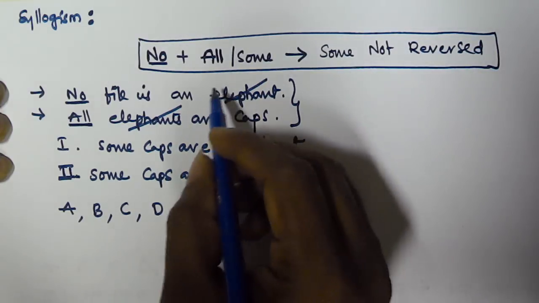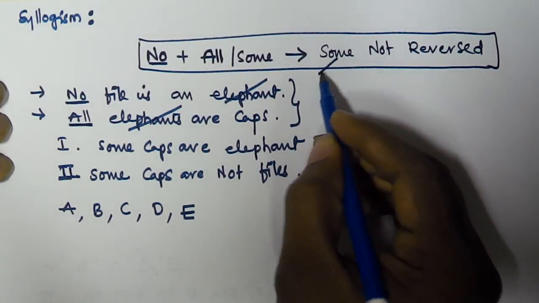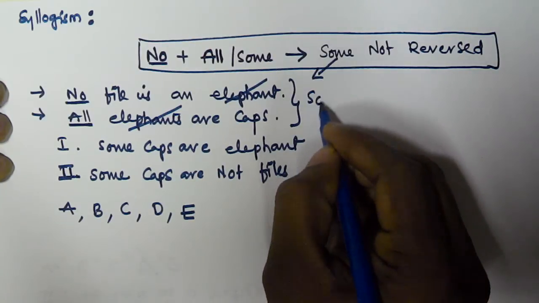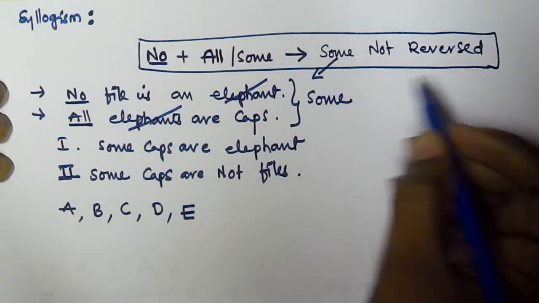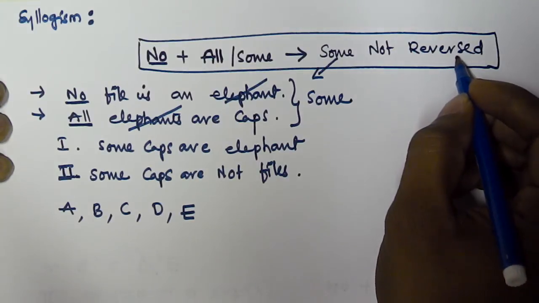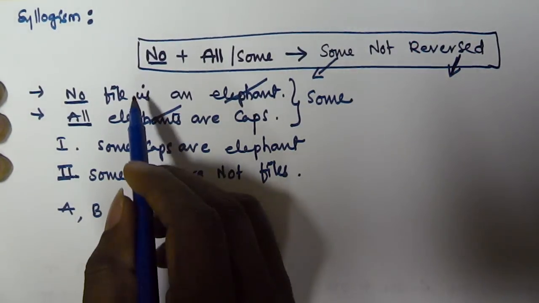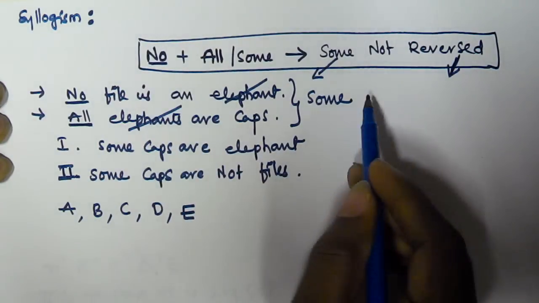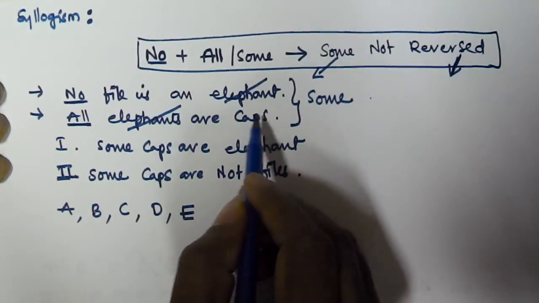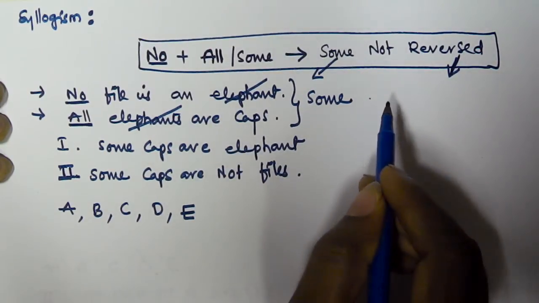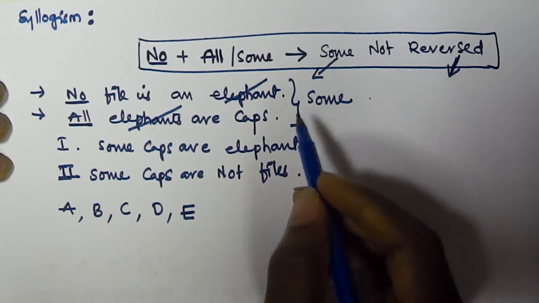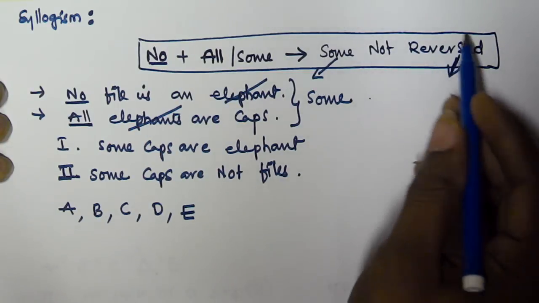The first word is some, and now we take the concept of the reversed. Generally we take the subject of the first one as the subject and the predicate of the second one as the predicate in the conclusion. But here it is told that it is reversed.